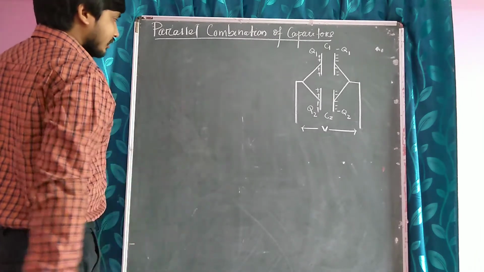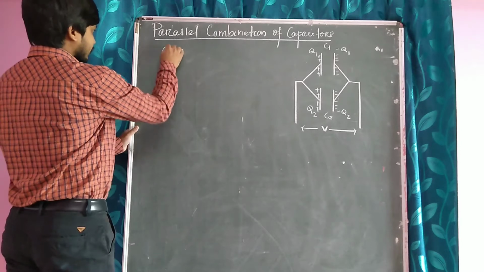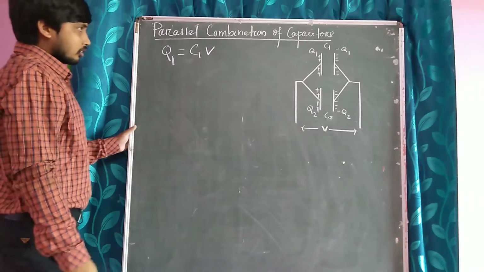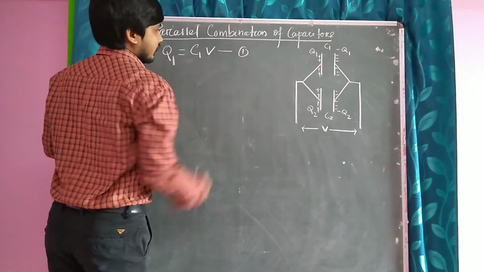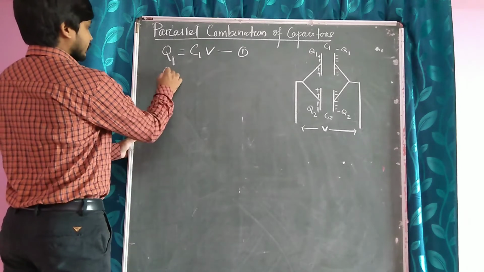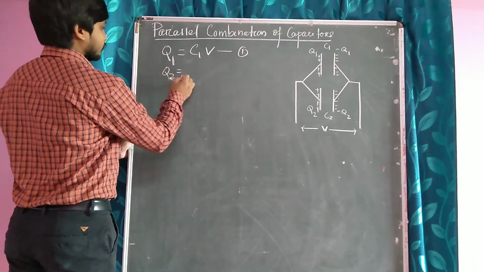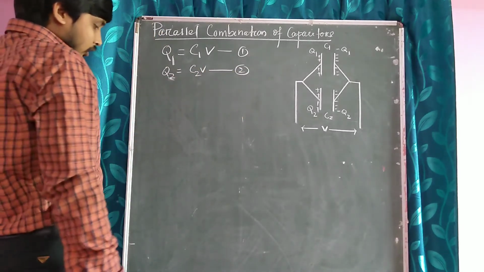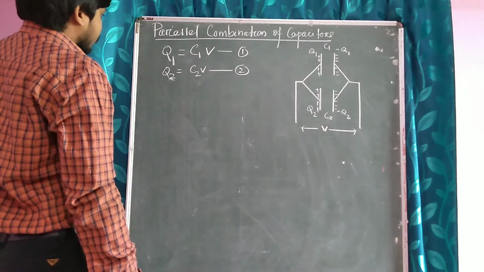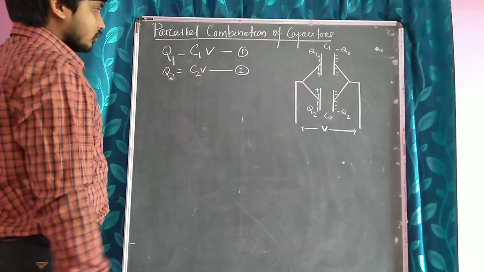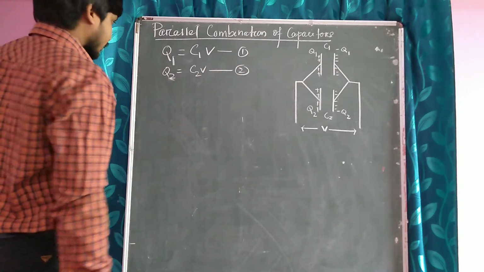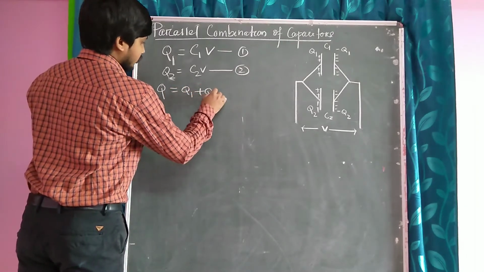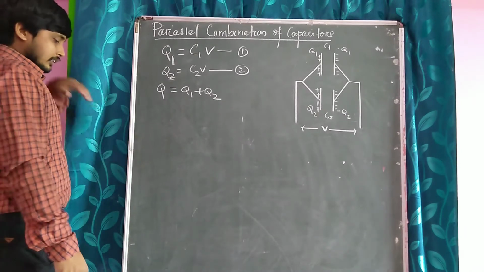So here I can say that the expression for the charge will be given by C1V for the first capacitor, and for the second capacitor the expression for the charge Q2 will be given by C2 into V. Now the net charge on the equivalent capacitor after the combination will be Q equal to Q1 plus Q2. Is it clear?